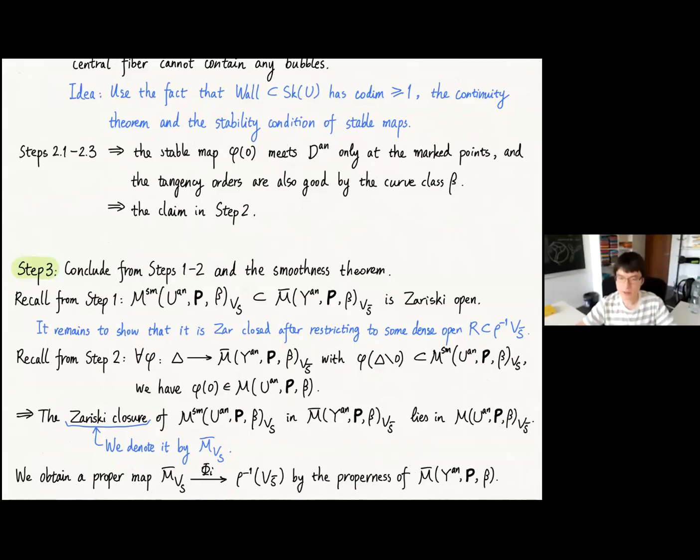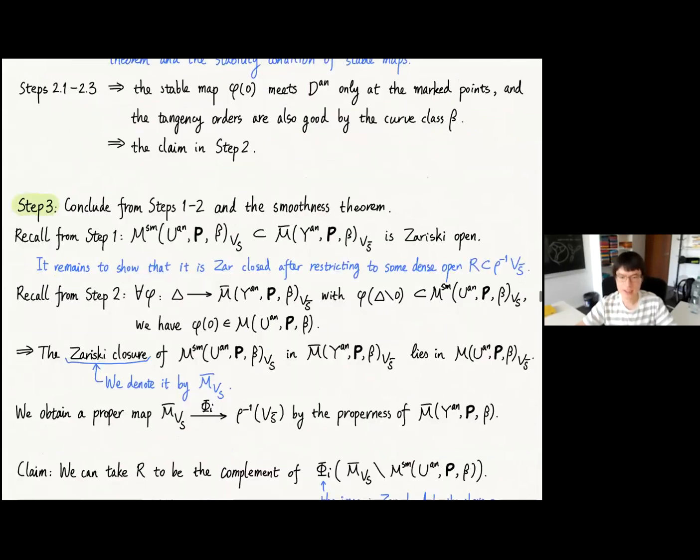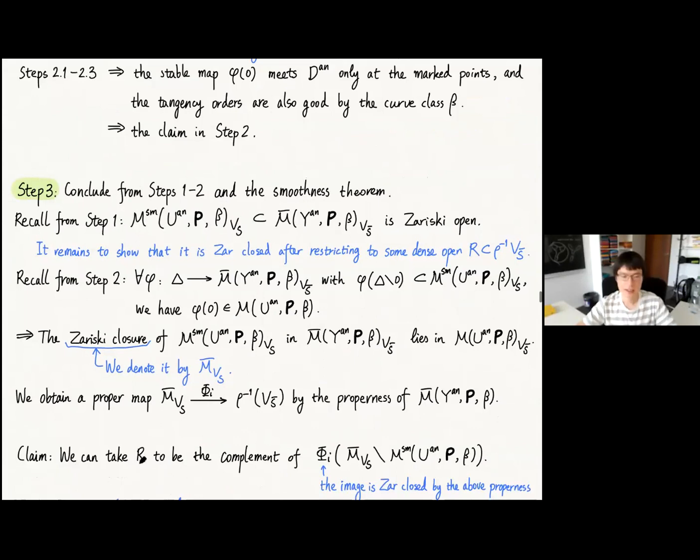Here we use the properness of M bar. And we claim we can take R, this dense Zariski open R, to be simply the complement of the image by phi I of this closure minus the good part.